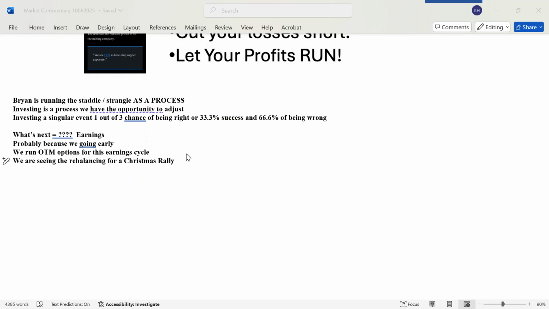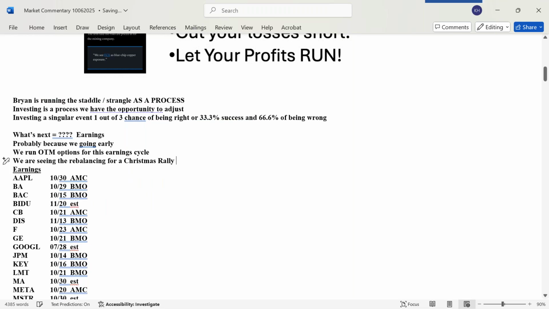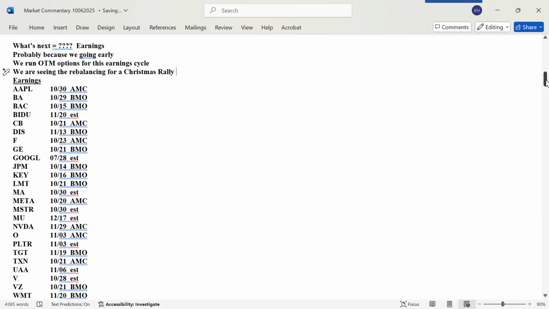Let's see here. I've got most of our earnings set here so that you can see them. It's Bank of America and JP Morgan next week. In fact, usually you see possibly 3 weeks of financials that come through. This earnings season looks like it's 2.